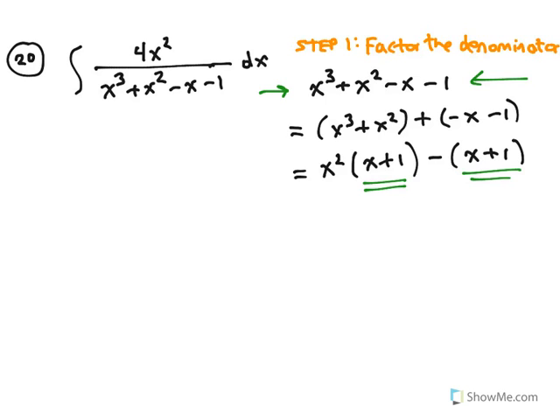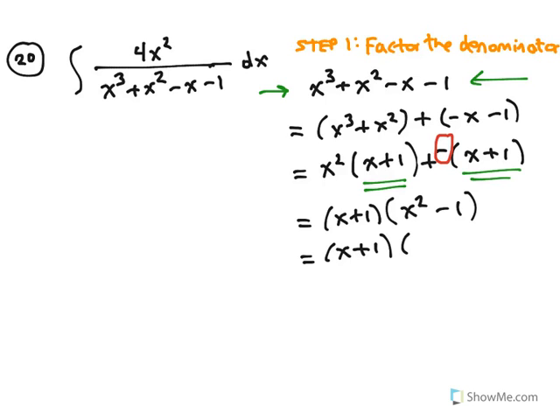Because now what you have is a difference of 2 terms, or you can write this as plus negative if you prefer. You have a sum of 2 terms, and the 2 terms have a common factor of x plus 1. So you can factor out x plus 1 from each term. From the first term, you'd be left with x squared, and from the second term, you'd be left with negative 1. There is that factor of negative 1. And of course, x squared minus 1 is a difference of 2 squares, and you can factor that as x plus 1 times x minus 1.